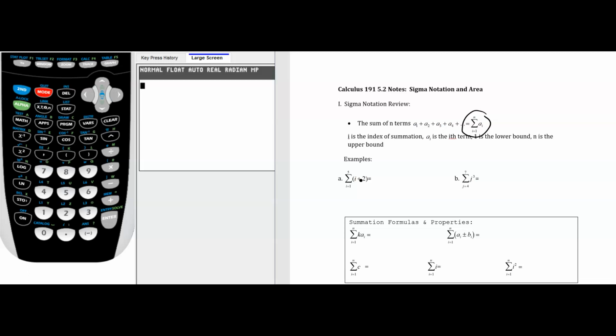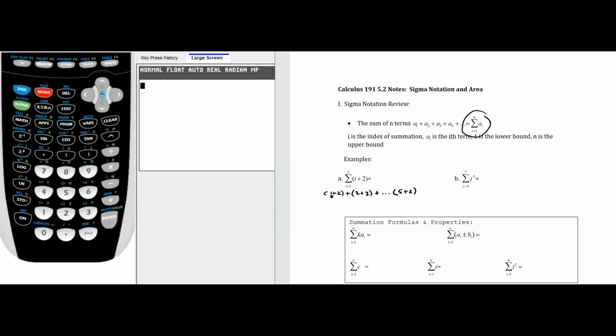And so if you look at some examples down here, this is exactly what we're doing. So the summation of i plus 2, where i is going from 1 to 5, I'm literally going to plug in 1, so it's going to be 1 plus 2 plus, now I'm going to plug in 2 plus 2 plus, and that's going to continue until we have i equals 4, then i equals 5, so the last one's going to be 5 plus 2.